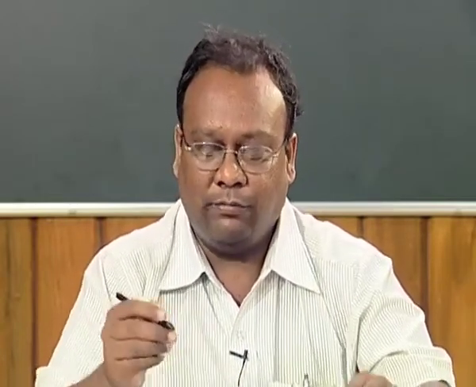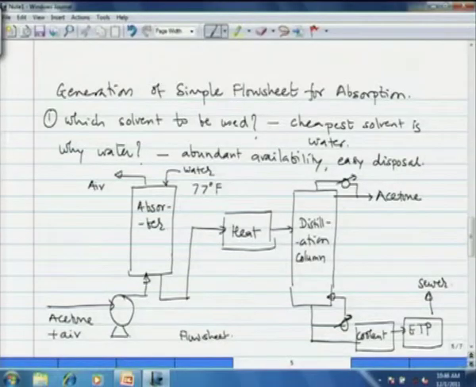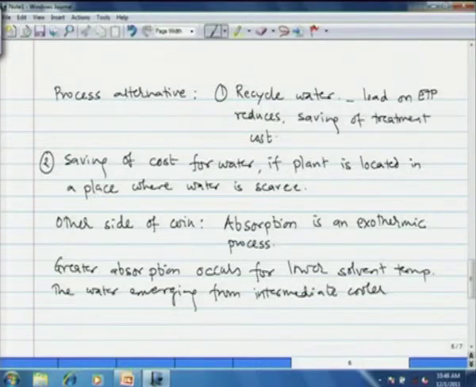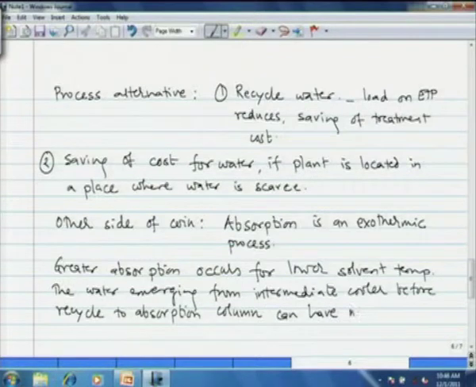So, the point we note is that the water emerging from the intermediate cooler before recycle to the absorption column can have a minimum possible temperature of 100 degrees Fahrenheit.